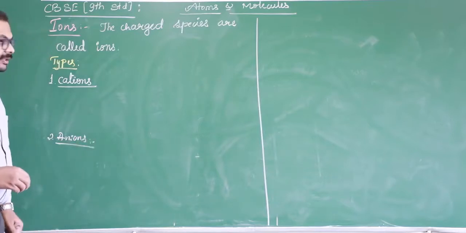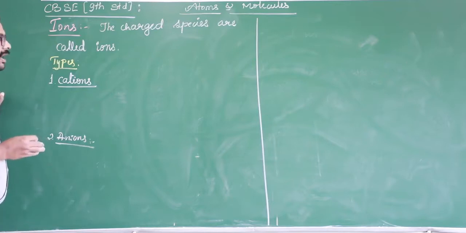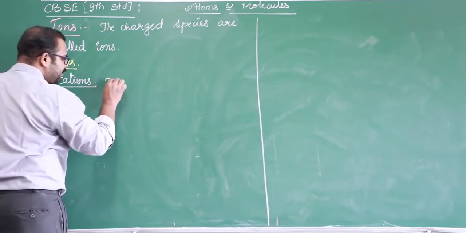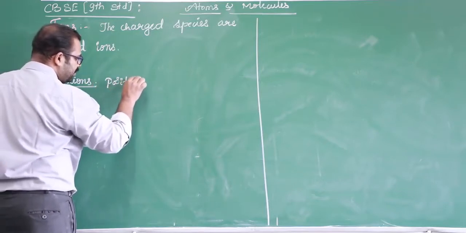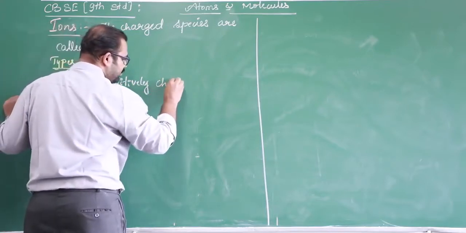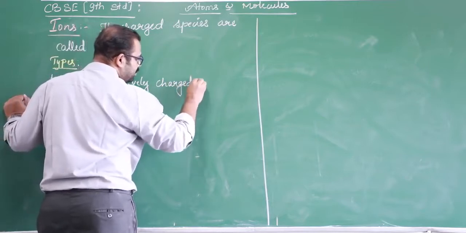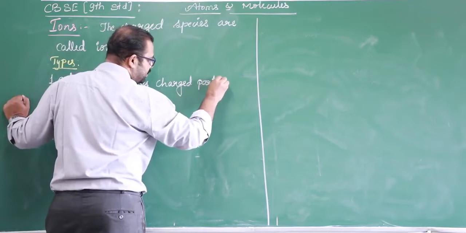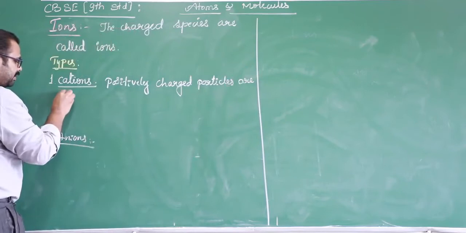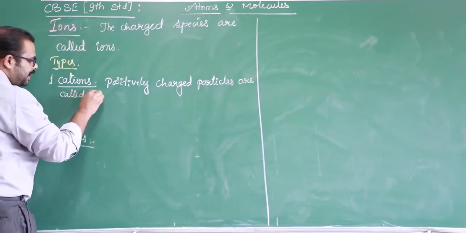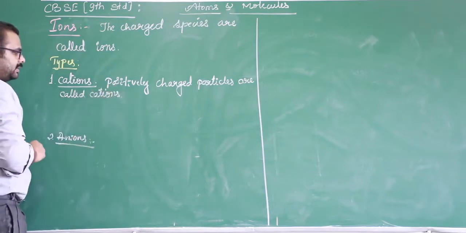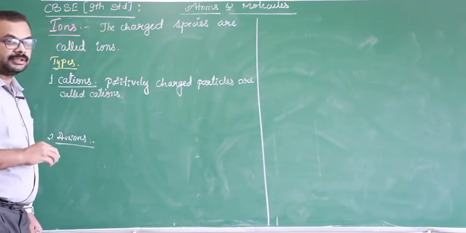Cations are the ions having positive charges. Positively charged particles are called cations.